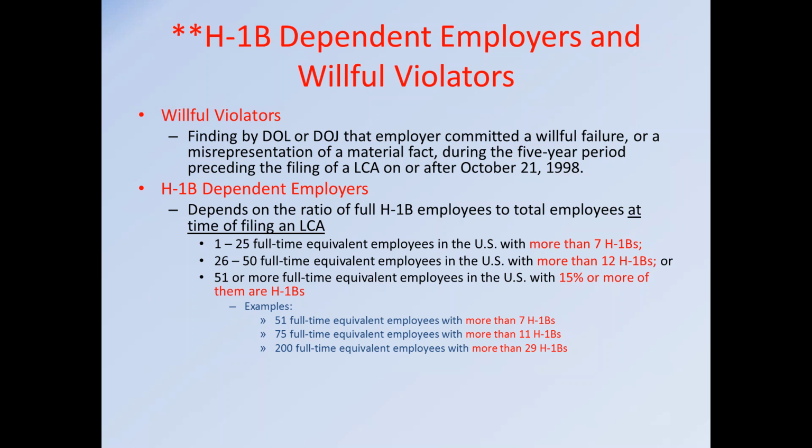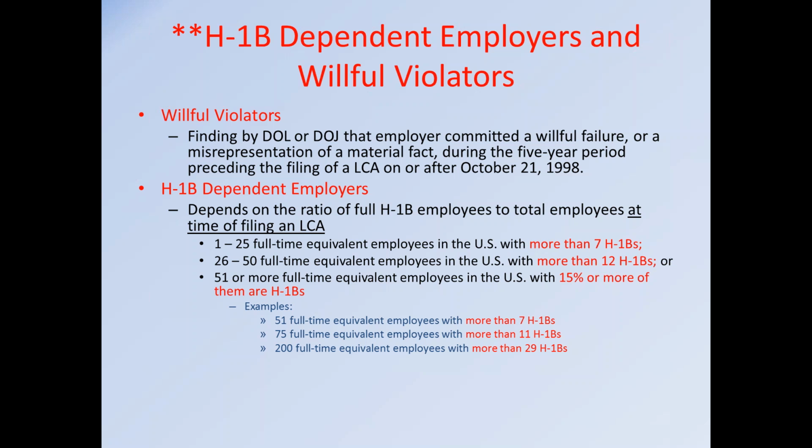H-1B dependent employers. This is a really fun calculation, and in some industries this can become an issue more than others. If an employer has 1 to 25 full-time equivalent employees, and what I mean by full-time equivalent, there are different calculations you can use to determine full-time equivalency. For example, if you have 20 part-timers that each work 20 hours a week, that's an easy one because you could use a 2-to-1 ratio for part-time to full-time.